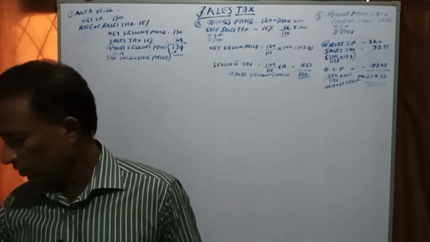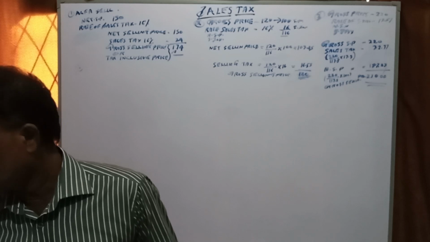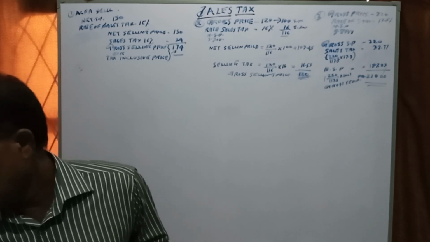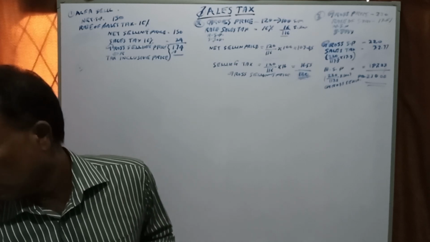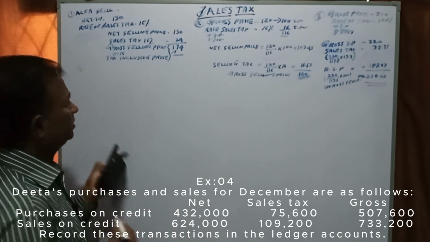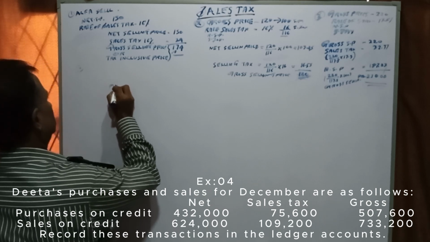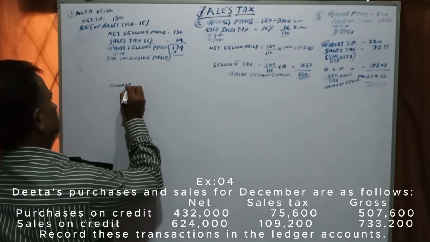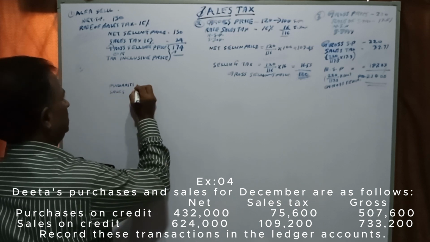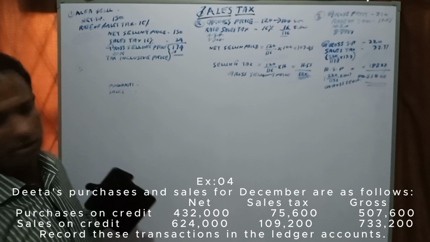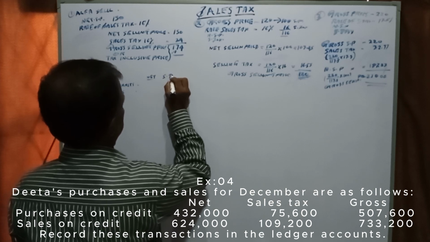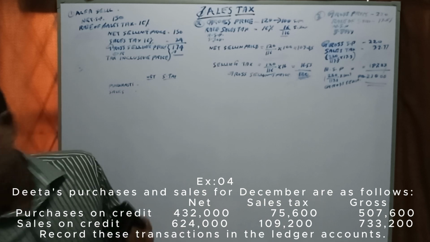So shall we move to number 4? The next question says, Exercise: Delta Mr. X's purchases and sales for December are given below, with net, sales tax and gross.